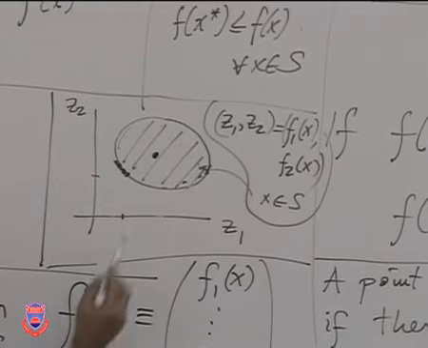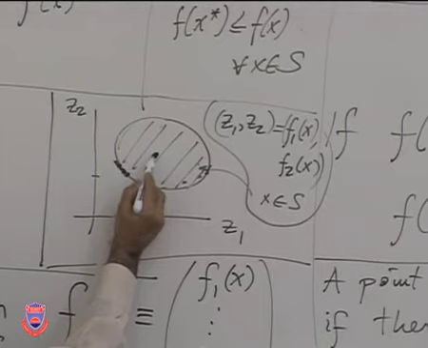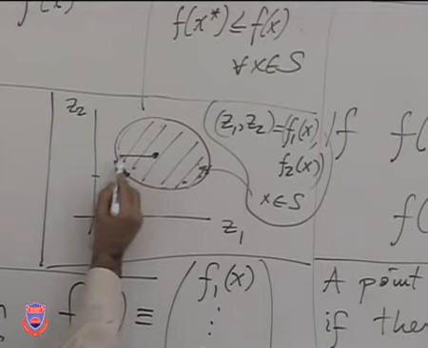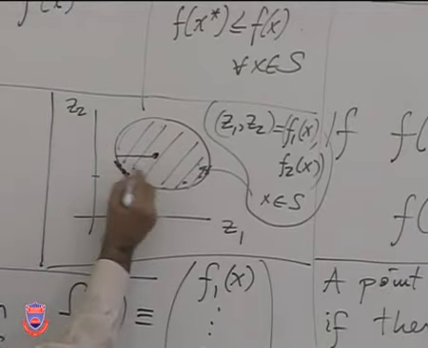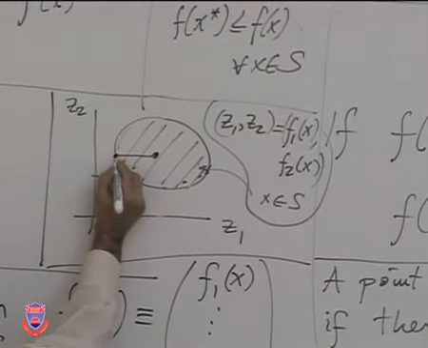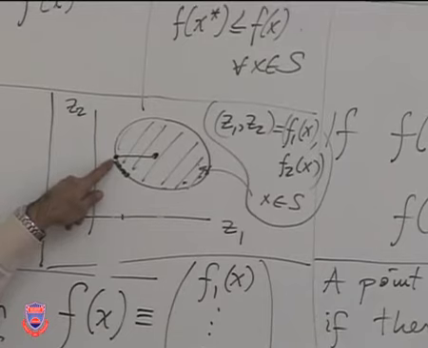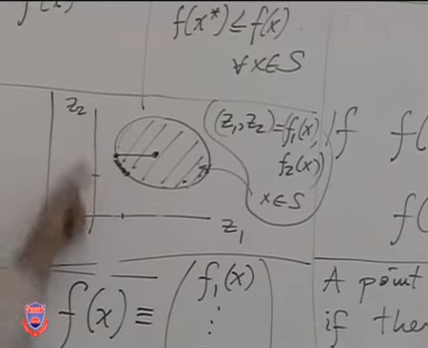Because I can certainly find other points without changing the z2 value, but still decreasing z1. So I hit here. Now, with this point, I can no longer do that, because as soon as I try to decrease that, I have to increase the other one.